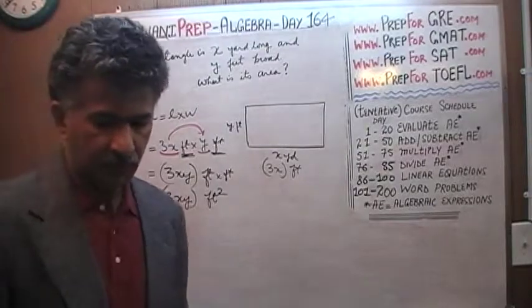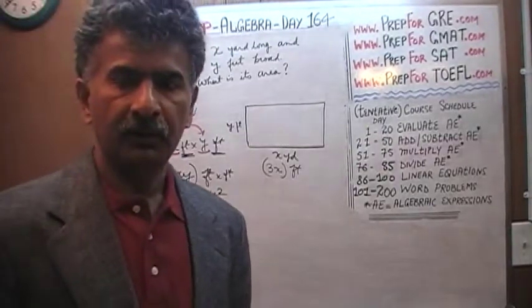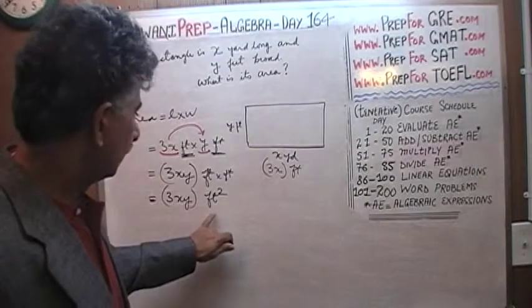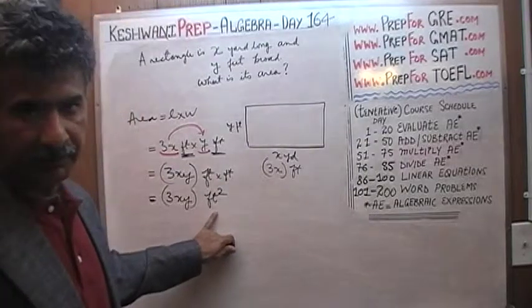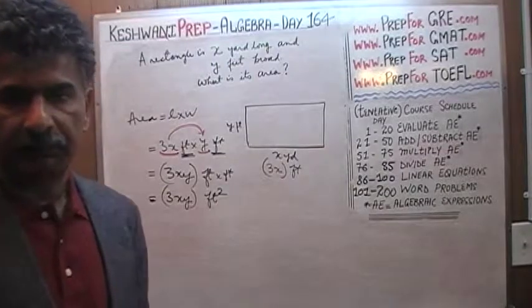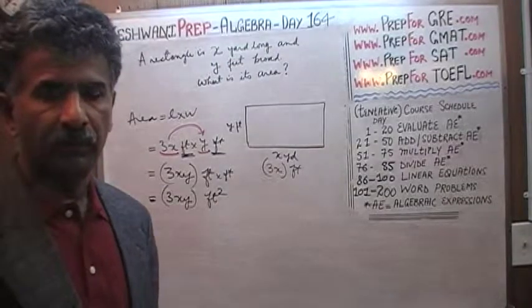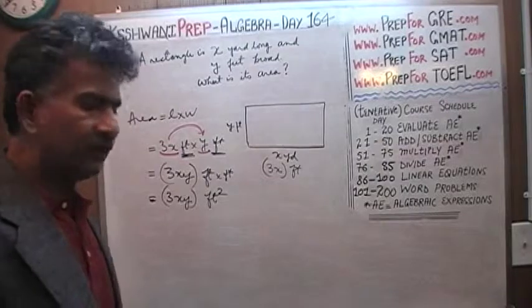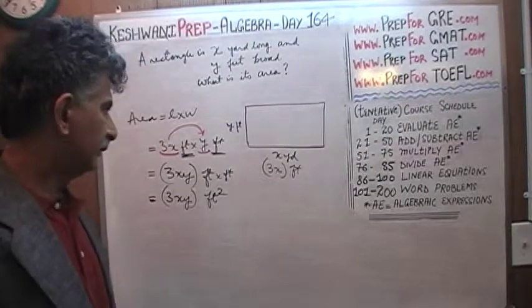Even though, strictly speaking, mathematically speaking, this should be read as feet squared, custom and tradition dictate that I read that as square feet. So the answer is 3xy square feet.